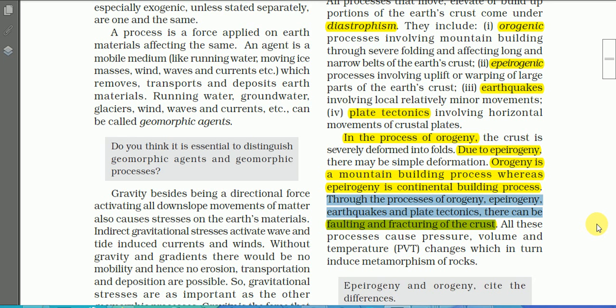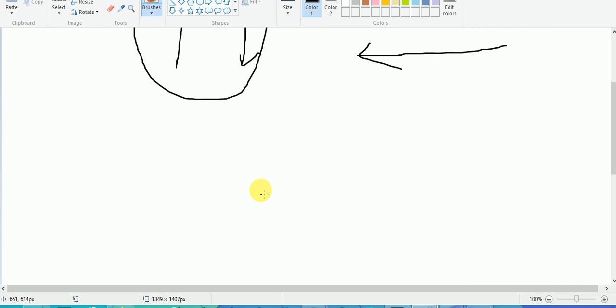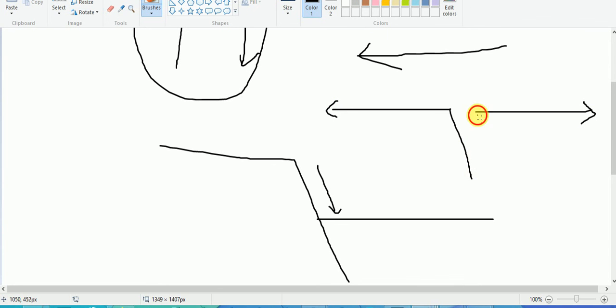There may be fracture or there may be faulting on the earth surface. I think fracture and faulting you have learned earlier. This is called faulting, and fracture, see here, is mainly found at the mid-oceanic regions. So there may be fracture here in a particular place.